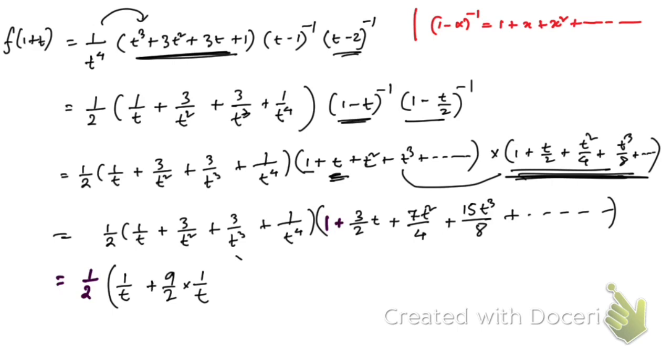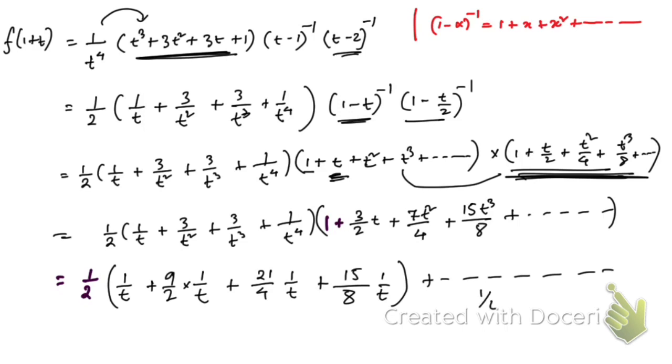Then if you multiply this one with this, you're going to get 3 7s are 21 by 4, 1 by t. Then if you multiply this one with this, you're going to get 15 by 8, 1 by t. We're going to get more terms after this, but those terms don't contain 1 by t. The remaining terms will not contain 1 by t.